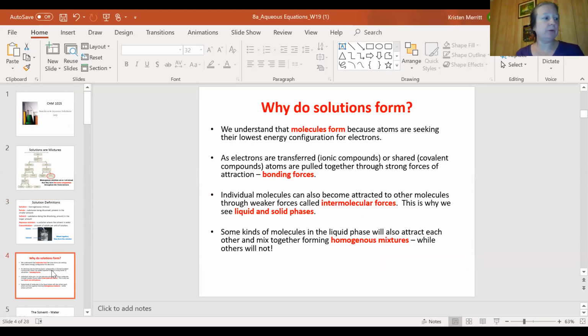So why do solutions form? Why does a solute dissolve in a solvent? It has to do with intermolecular forces. In Chem 1, you'll get into this in detail, and it's actually pretty cool because that determines so much. But if the intermolecular forces of attraction between solvent and solute are strong enough, then the solvent surrounds your solute.